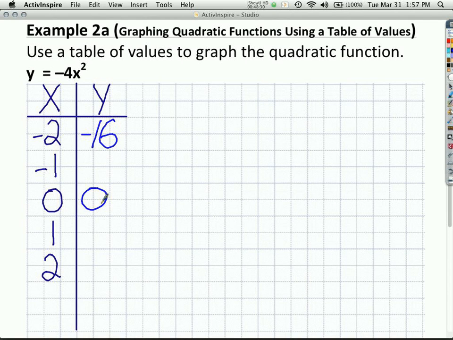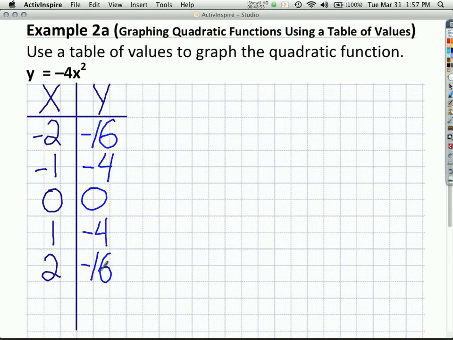What about when x is -1? Kiera? -4. What about when x is 1? Jazz? -4. What about when x is 2? Selena? -16. Anybody notice anything? Anybody notice anything?